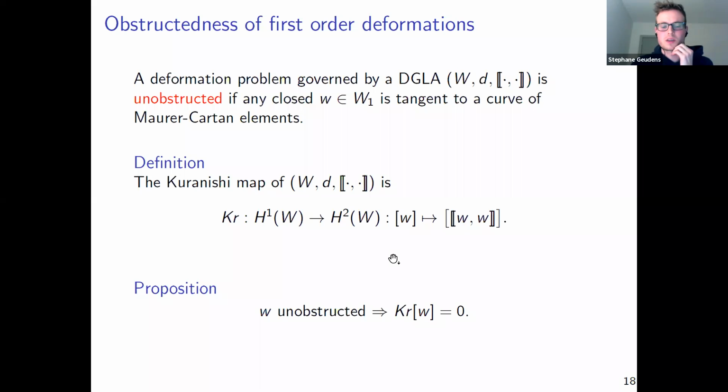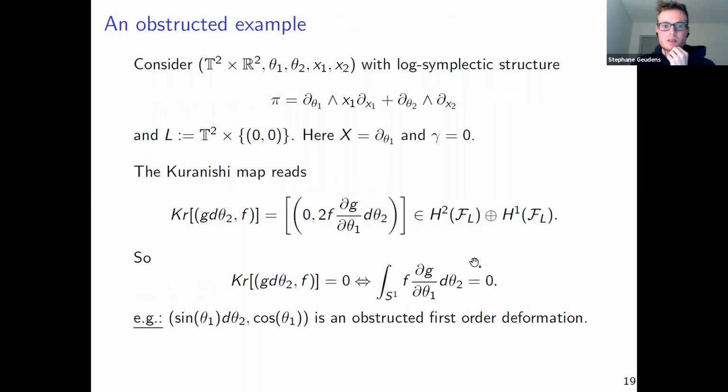And obstructedness can be detected by the Kuranishi map, which is defined for any DGLA or infinity algebra, and it's just taking the binary bracket in cohomology. So if you have an unobstructed deformation, then its Kuranishi map is 0. And well, in this case, you can write down examples for which the Kuranishi map is not 0.